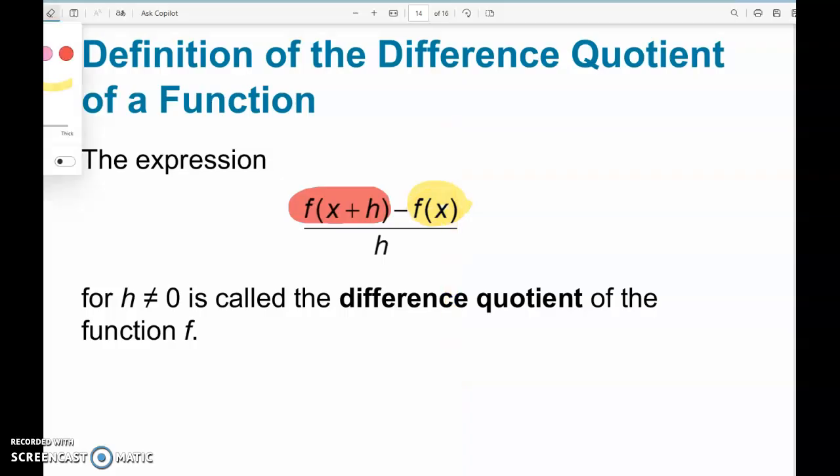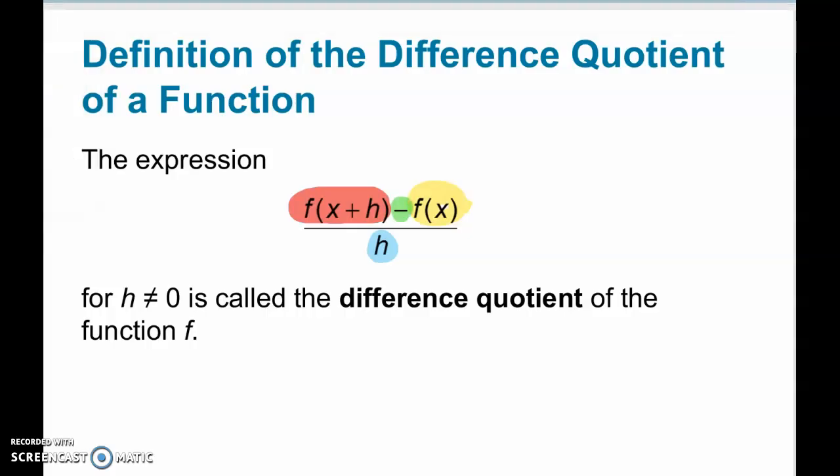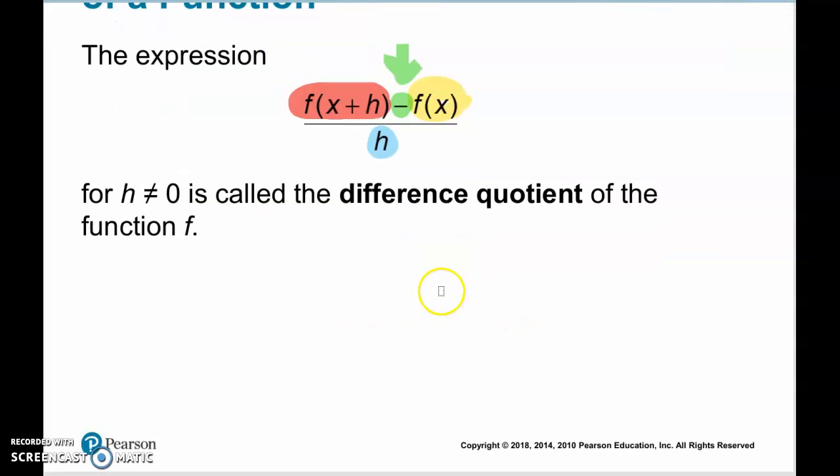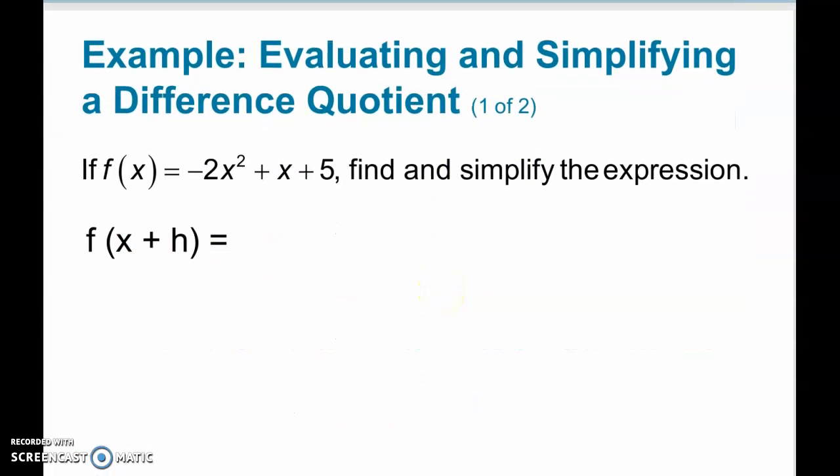And then we will divide everything by h. I also want to point out that there's a minus sign here. This is very important. That means it's going to change the sign of everything that follows it. So this is entitled the difference quotient. So let's look at how to do this.